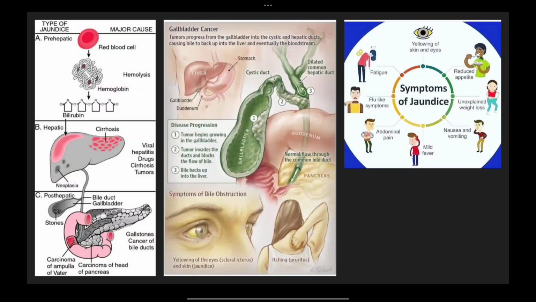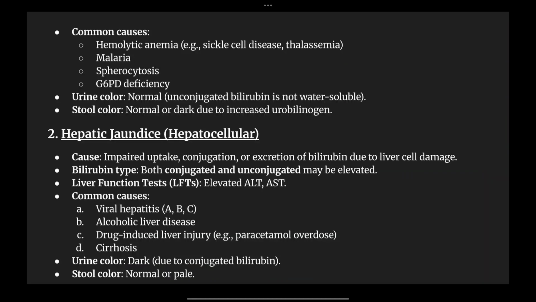Now there is a flow chart showing symptoms of jaundice. There is reduced appetite. The person doesn't feel like having food. There is unexplained fat loss, nausea and a vomiting feeling. Then there is mild fever, abdominal pain, flu-like symptoms, and constant fatigue. So these are the different symptoms of jaundice.